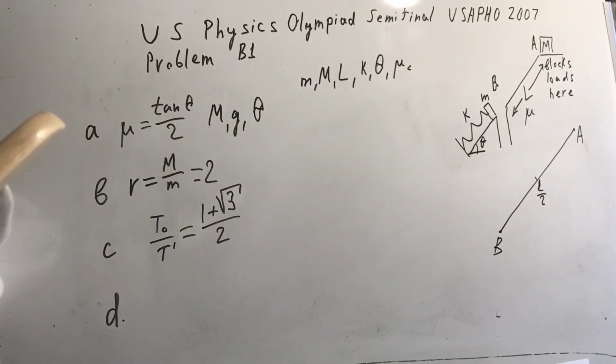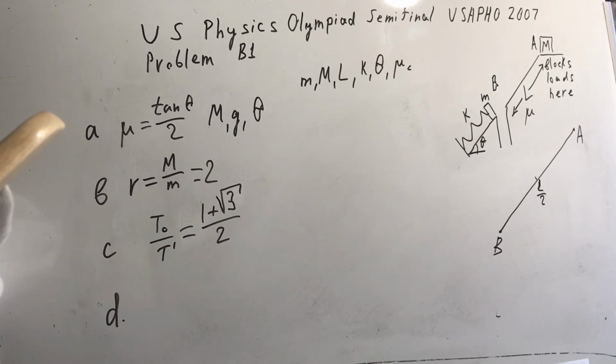Question D. The plate only oscillates a few times after delivering the last block. At what distance up the incline, measured from point B, does the plate come to a permanent stop?